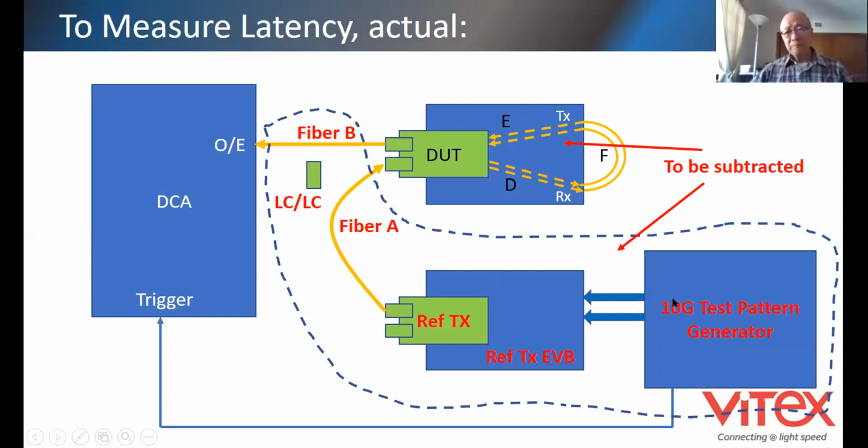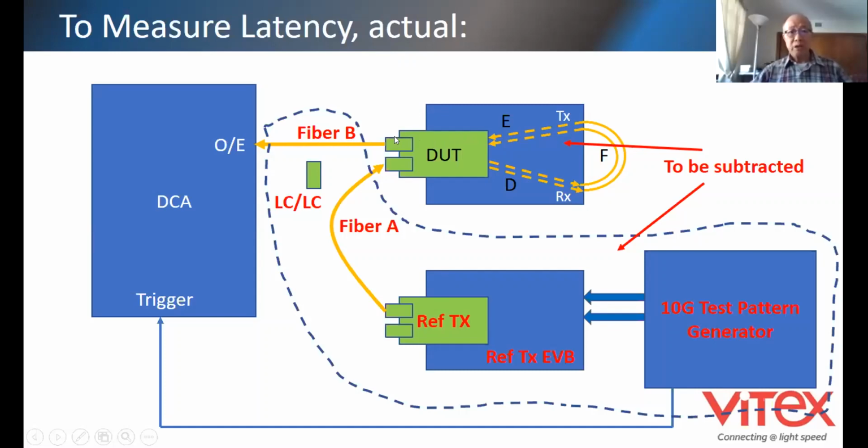So basically, the first block is the generator, EVB, reference transmitter, DUT, delay, loopback cables, including the traces on the board, and into the O-to-E.